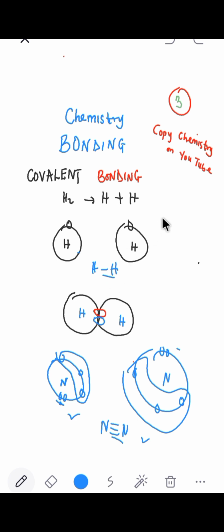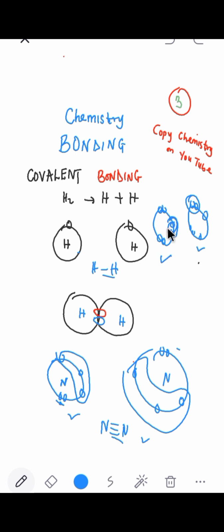Now there's something about oxygen. When you want to draw this for oxygen, you'll find that oxygen is in group 6, so it has 6 outermost electrons: 1, 2, 3, 4, 5, 6. And your other oxygen also has 1, 2, 3, 4, 5, 6. If this one contributes 2 and this one contributes 2, then this one will have 4 and this one will have 4.